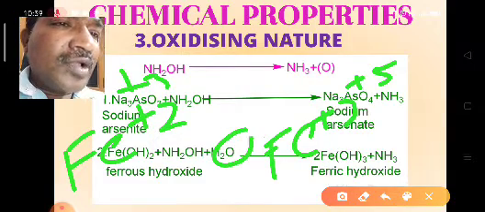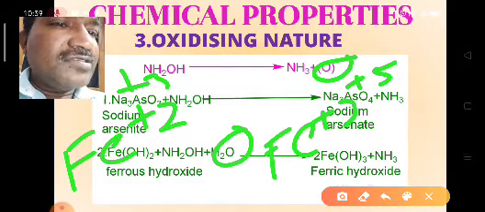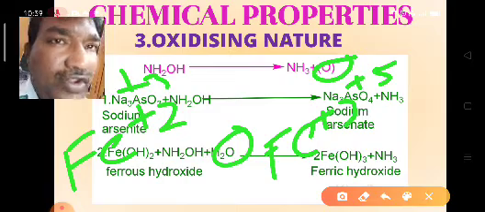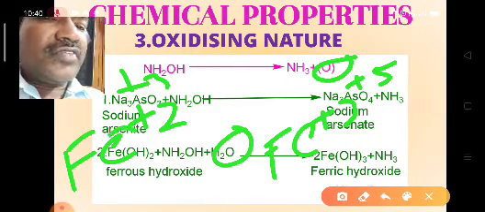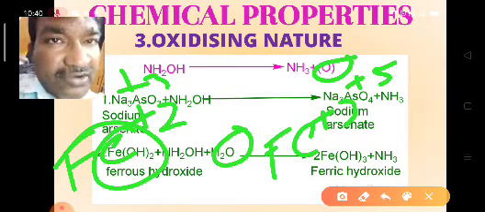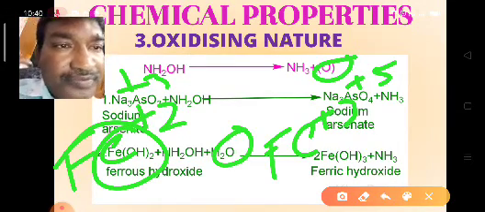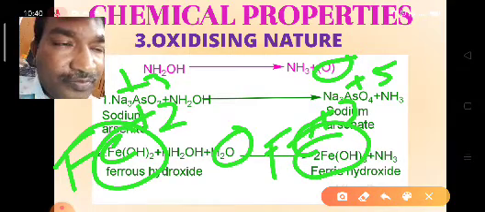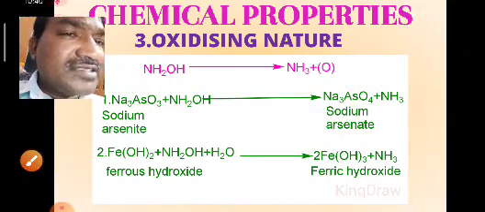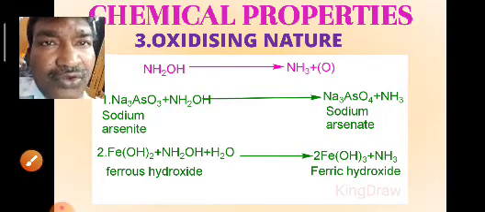Here one water molecule reacts with one oxygen atom of the hydroxylamine and forms 2 OH minus ions, 2 hydroxyl ions. So you have to take 2 ferrous hydroxide molecules, and here we have to write 2 ferric hydroxide molecules. So these reactions are very simple to balance.